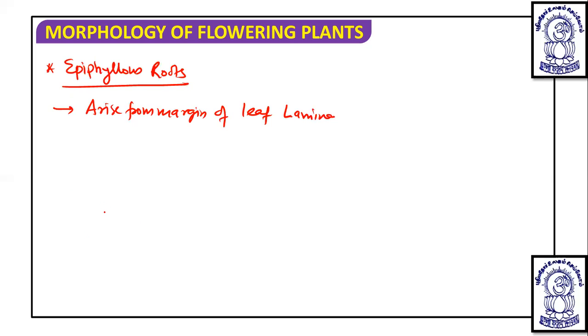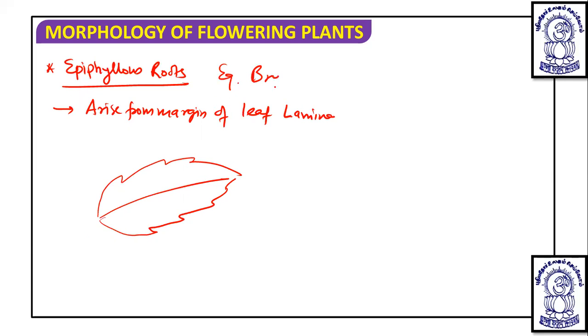Suppose this is the leaf of a plant which has epiphyllous roots, that is Bryophyllum. Now Bryophyllum has buds at its margin.